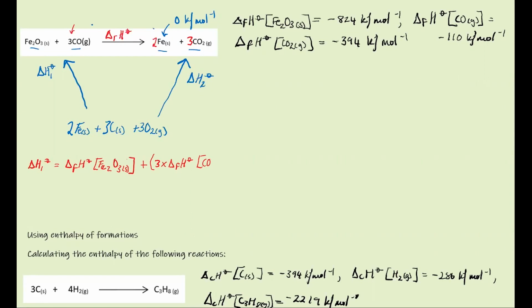So I've put a multiplication of 3 in front of that term. I'm going to close that bracket. So that's what my delta H1 is equal to.